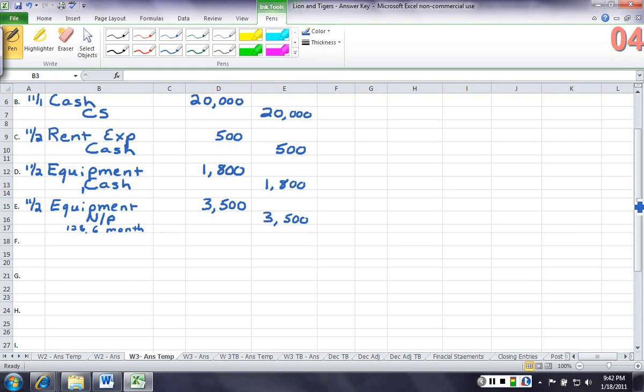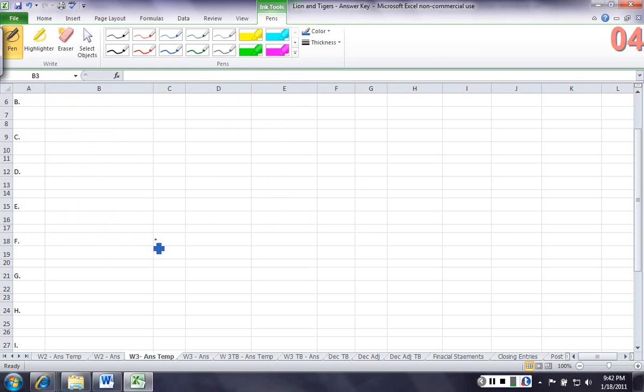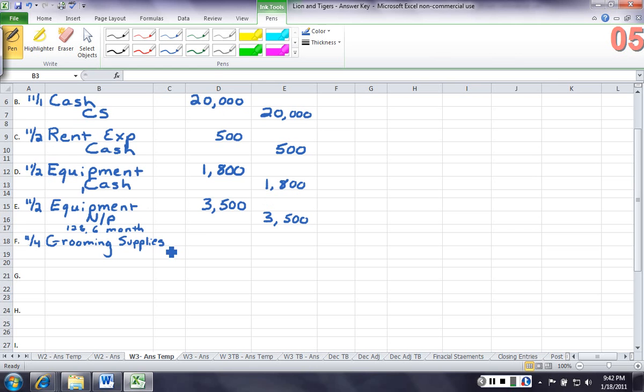Okay, on F, on November 4th, they buy $1,000 in grooming supplies from the Dog and Pony, $500 in cash and $500 on account. Okay, so grooming supplies is an asset. It's going up. So I'm going to debit grooming supplies for $1,000.